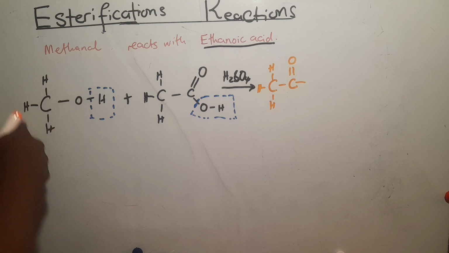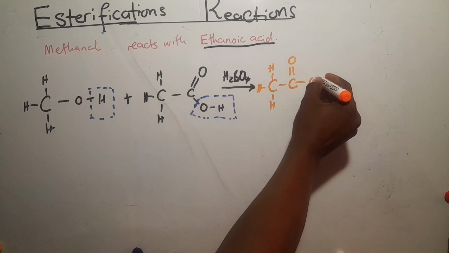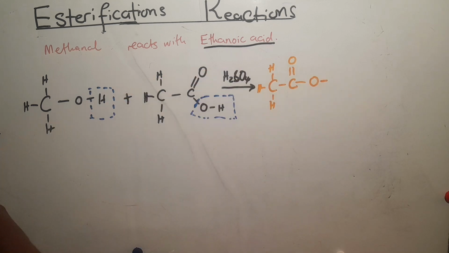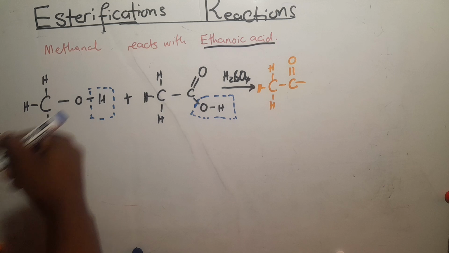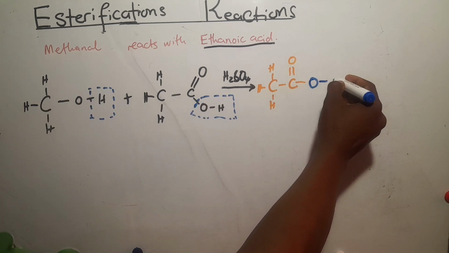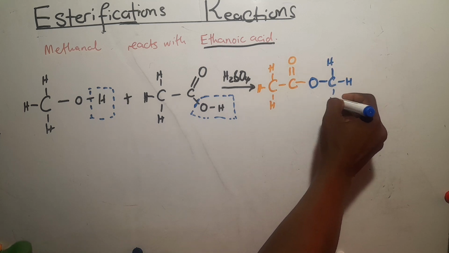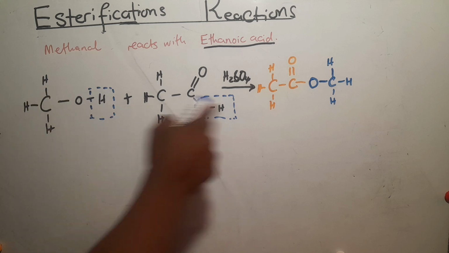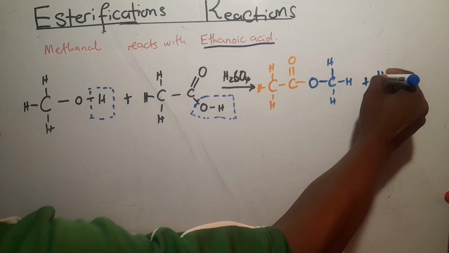And now when this alcohol comes to this, it will join with this O. So this O will come there, and we have the C, or maybe let me do it like this so that it will be quite visible enough. So this O is coming from the alcohol, so it will be, right? And it's C with this H like that. So can you notice this O with that, right? And plus water, which will be just like that, right?